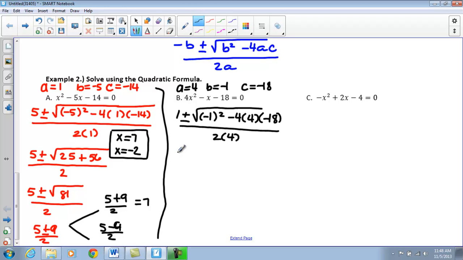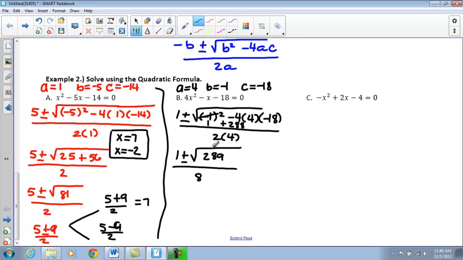So now if I simplify underneath the radical first, I have negative 1 squared is 1. So this is just a 1. I have negative 4 times 4 is a negative 16 times a negative 18 gives me a positive 288. So now 1 plus 288 gives me a 289, all divided by 2 times 4, which is 8.